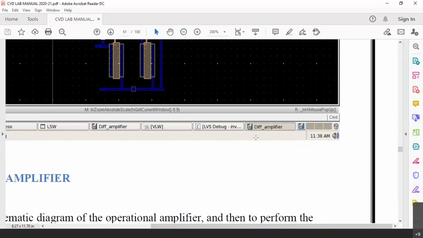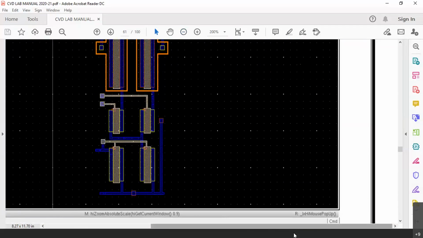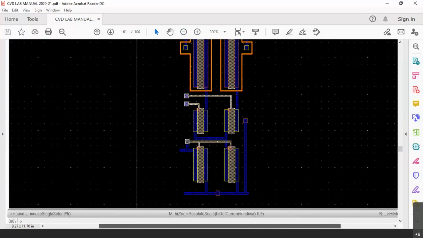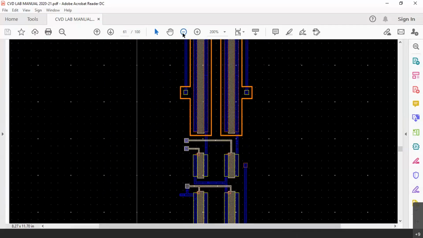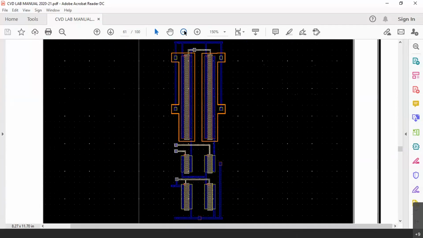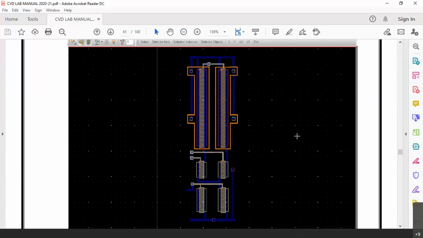And after this layout is done, its verification can be performed using Ashura DRC, LVS, RCX: layout versus schematic, design rule check, and RC extraction can be performed. After RC extraction, there is one more process called back annotation.